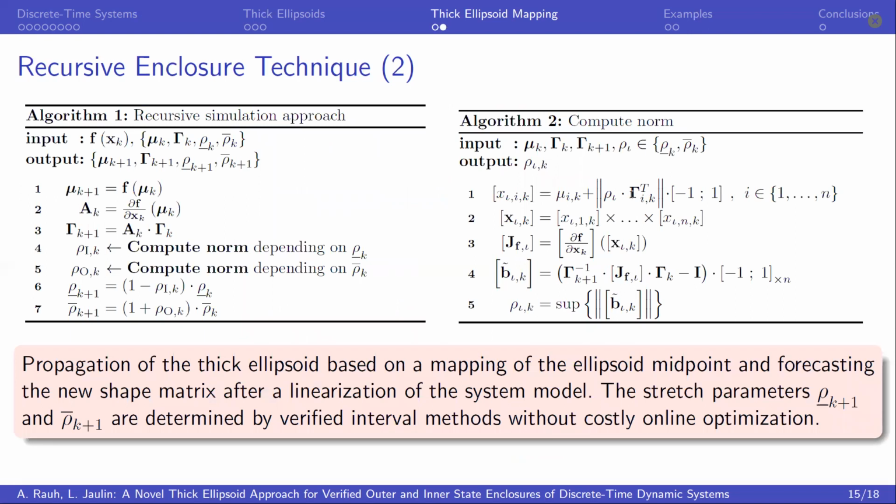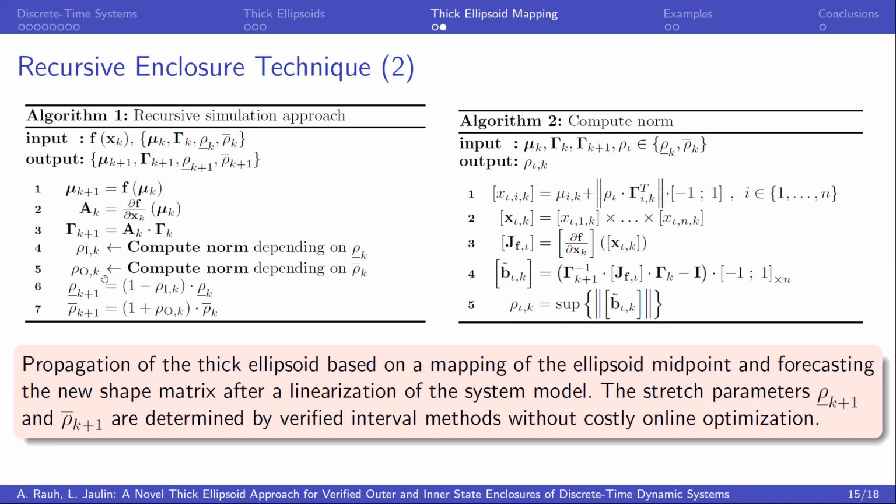Now, in order to perform this evaluation, we have developed the algorithm that you can see on the slide. As I already mentioned, it makes use of a point-valued function evaluation to forecast the corresponding ellipsoid midpoint in the new time step. The shape matrix will be forecasted here by a point-valued evaluation of the Jacobian of the system model.